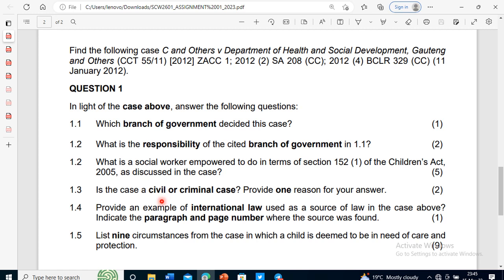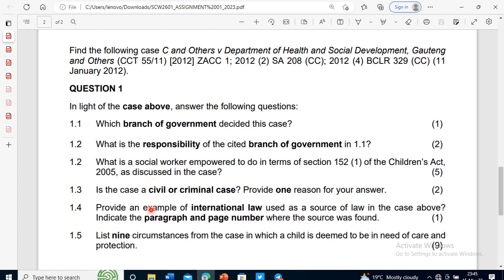And in civil, there's no way a person can go to jail. But criminal cases are more like when you have assaulted a person, or done criminal activities like stealing, theft, murder. Their punishment is that you will go to jail. That's how it ends with criminal matters.